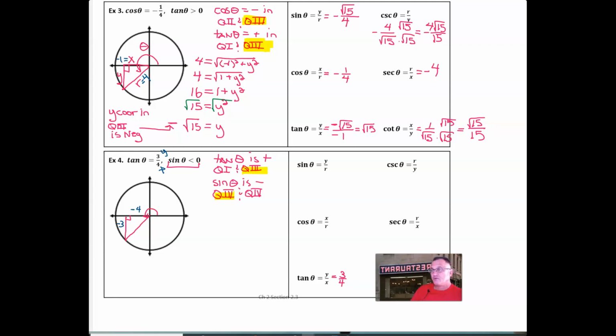All right, now we want to figure out what's the length of r. So r is going to be x squared plus y squared, and then we take the square root of that.